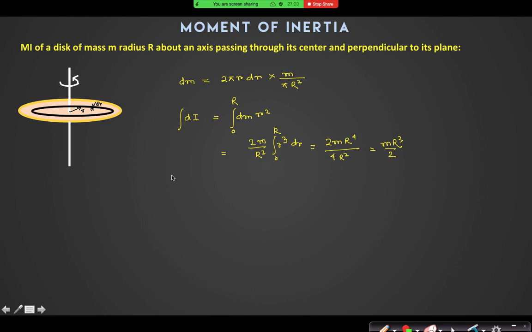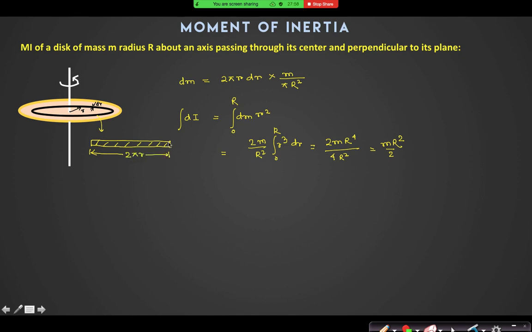So can you please explain the dm? How did you get the dm? We have already mentioned it in earlier chapters: if you take this ring out and unfold the ring, what will you get? You will get a rectangular strip like this. The length is the circumference of the ring, which is 2 pi r.